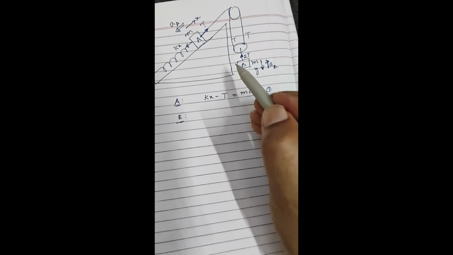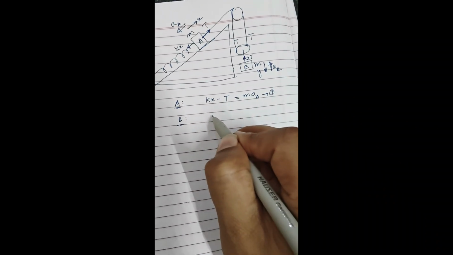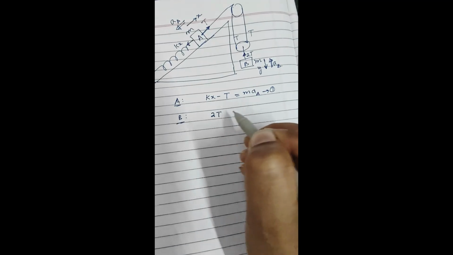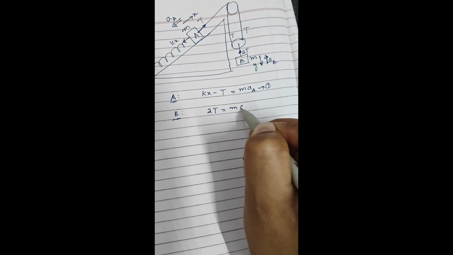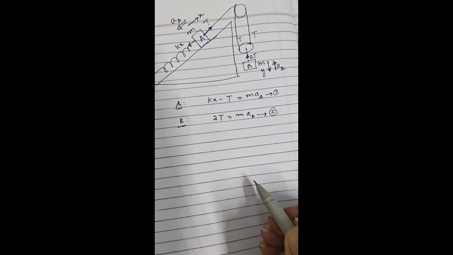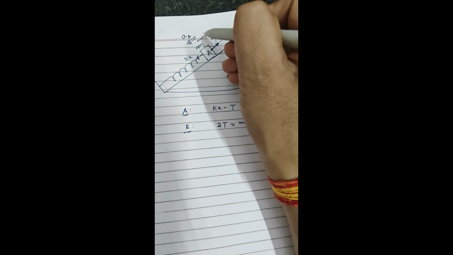So when you are taking care of extra tension, you don't need to worry about mg. Please see the previous video nicely. So what is the net force? 2T, that will be equal to m into acceleration of B. This is equation 2. Now we need to relate this acceleration with this x.